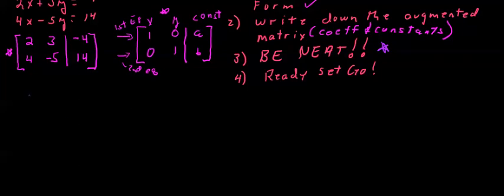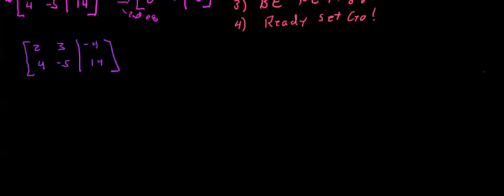So we have, I'm going to rewrite this, 2, 4, 3, -5, -4, and 14. What we want to do is make this guy right here equal to 0.